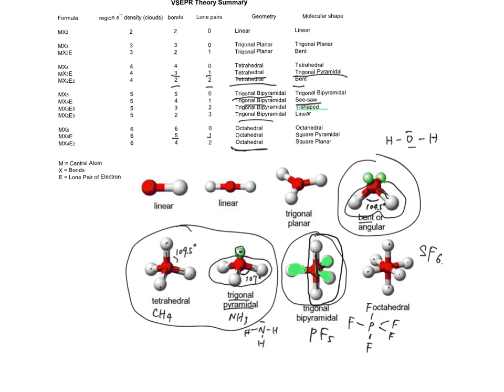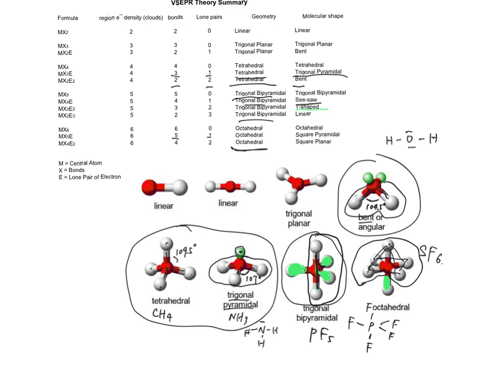So if you take one of them and replace it with a lone pair, again, a lone pair is invisible, so what you got left is this part visible, and that's why it's square pyramidal. This is a square, and this makes it a pyramid.